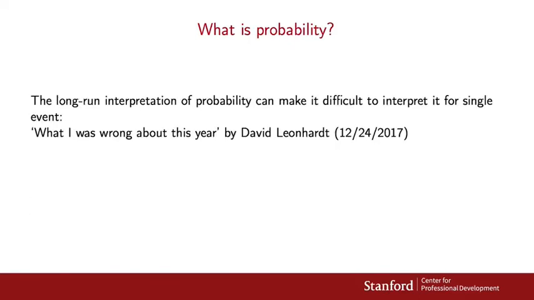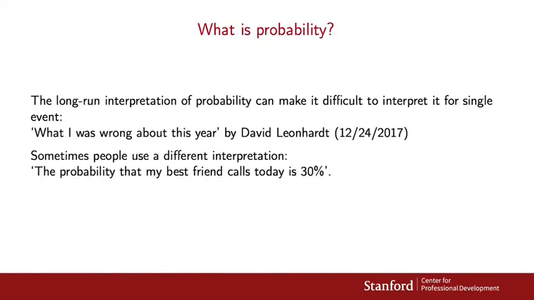This definition of probability as a long-run interpretation of frequencies can make it difficult to interpret probabilities for a single event. For example, the journalist David Leonhardt of the New York Times writes about this problem in his article, "What I Was Wrong About This Year." Sometimes people use a different interpretation of probability.